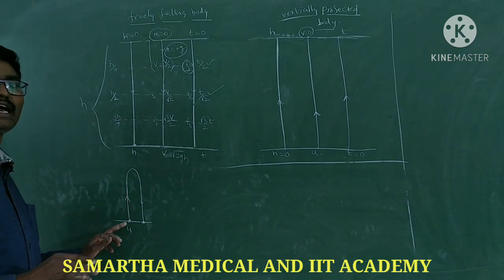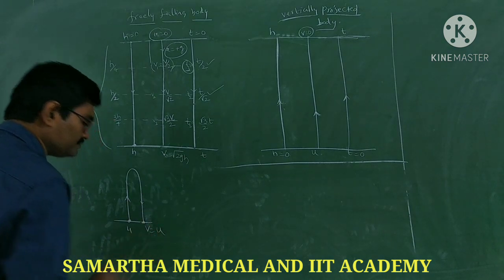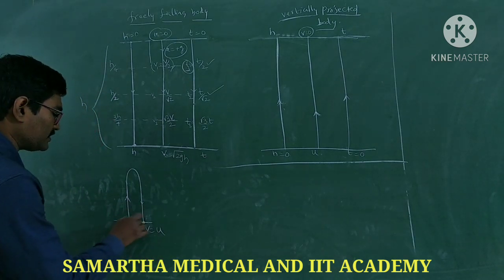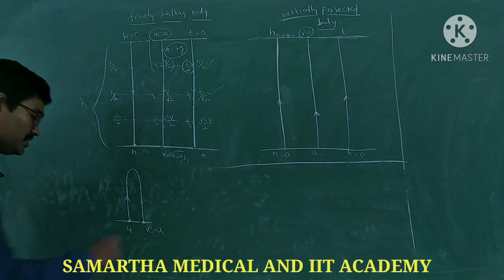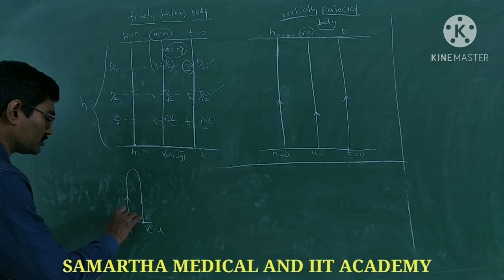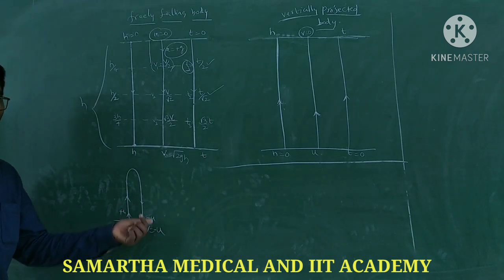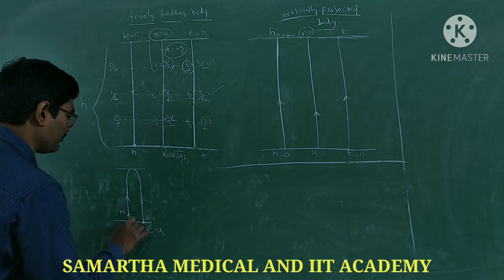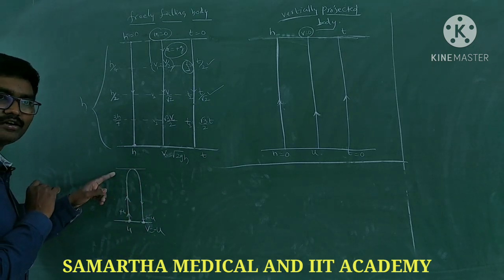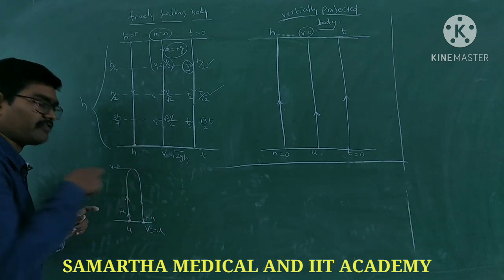Okay, with what speed I have thrown in upward direction, with the same speed it will hit. But direction wise they are reversed, so it is hitting with minus u. Direction is opposite. While going in upward direction plus u, coming down minus u. Same magnitude, but direction wise reverse. Okay na? That means what is the final velocity for a vertically projected body here? 0. What is the initial velocity after dropping while coming down?